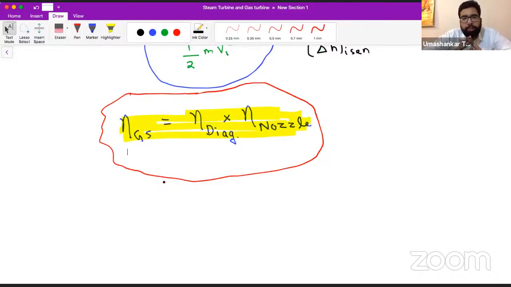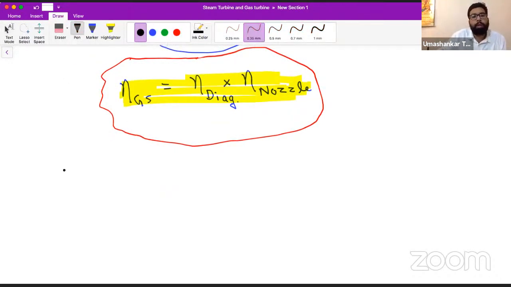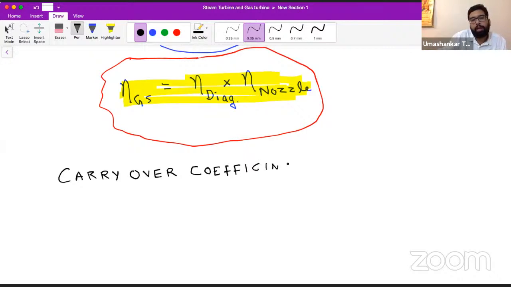Okay. Now a very important thing is coming up, from which a numerical can be asked. Let us introduce now the carryover coefficient. We will call it rho.